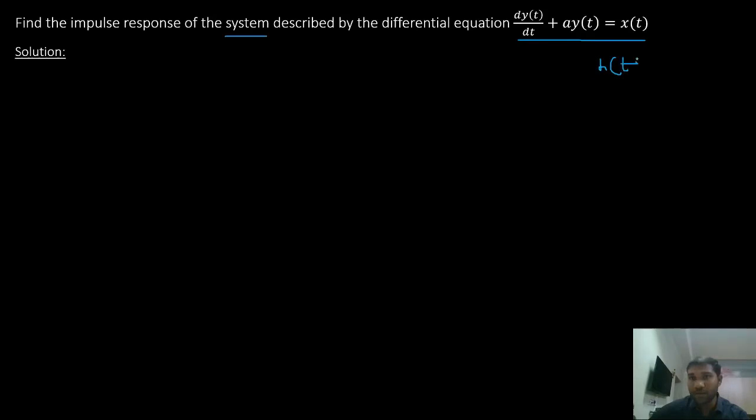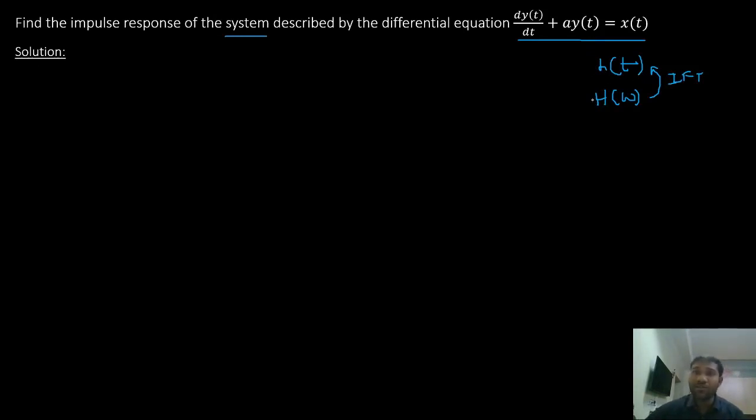I have to find this. So if I know h of omega, my impulse response is nothing but, I can just take the inverse Fourier transform and get h of t.